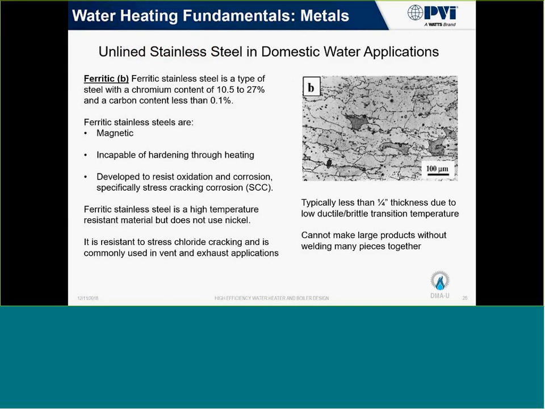The other type of stainless is ferritic. Ferritic is going to be your 400 grade stainless. 400 grade stainless is harder and slightly more brittle because of that, but it's very good at protecting itself against stress chloride cracking. It actually does an extremely good job of protecting itself against the salt and chlorides in that system.